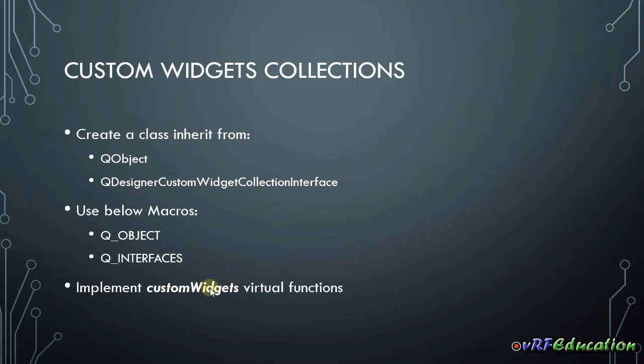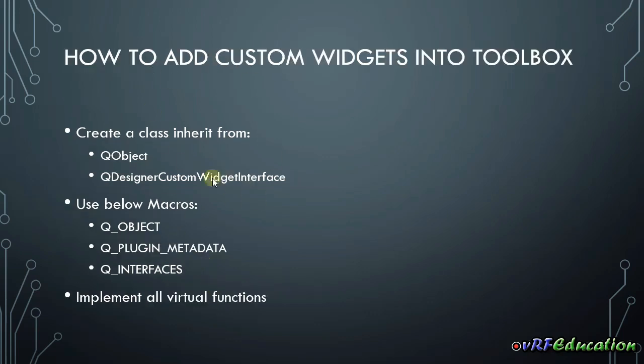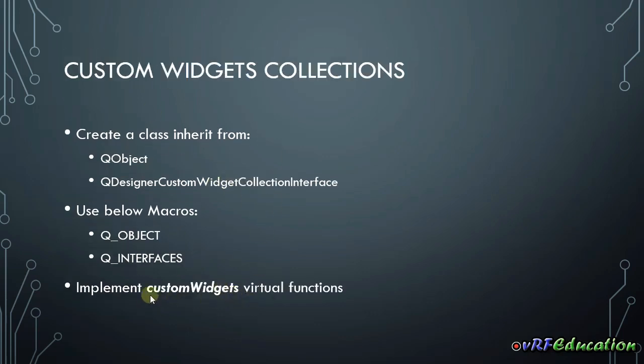This method will return a list of custom widget plugins. The plugins that we created just in this slide will be returned using this method. And when Qt Creator realizes that we have an instance of QDesignerCustomWidgetCollectionInterface, it will call this method automatically, get back all those plugins as a list, and show them inside the Qt Creator standard widget box.